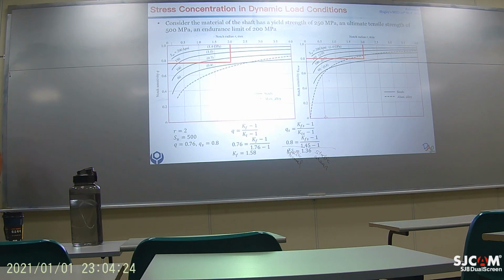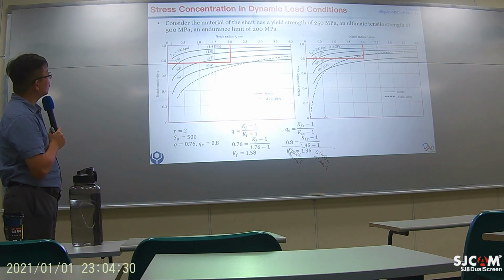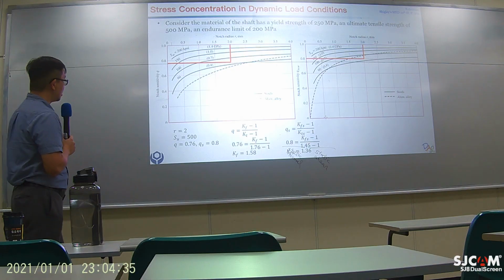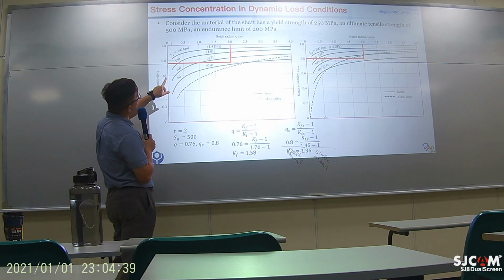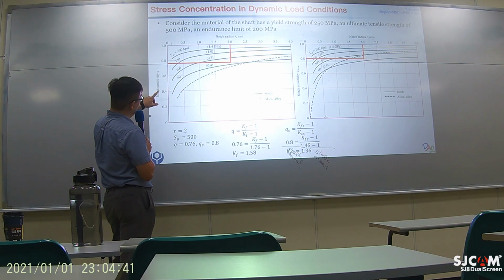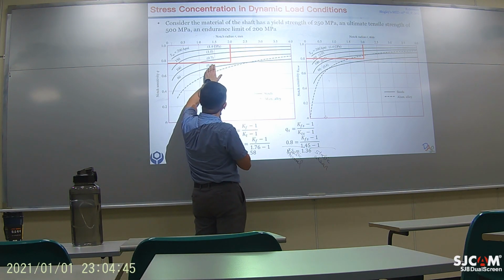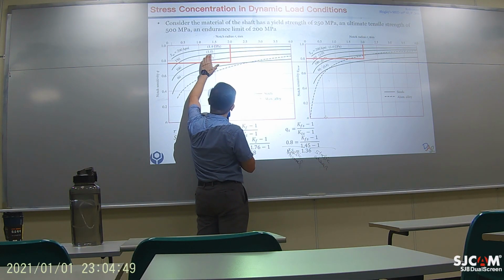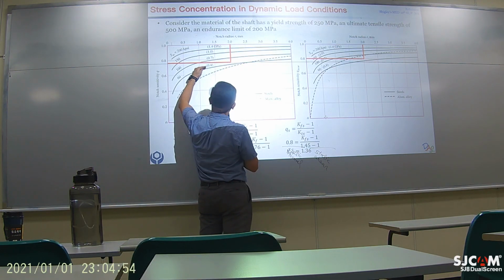So let's just use steel, assuming the shaft is made of steel. Now, if you look at the notch radius, which is the radius of the rounding, which is 2, and the problem mentioned the ultimate tensile strength is 500 megapascal. So 500 would be somewhere between 0.4 gigapascal and 0.7 gigapascal. So it's like a level around here. Okay?